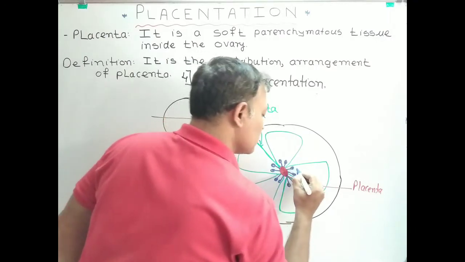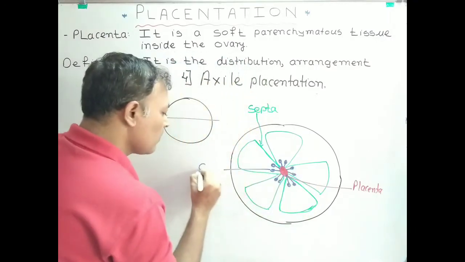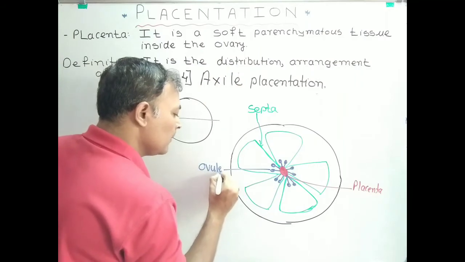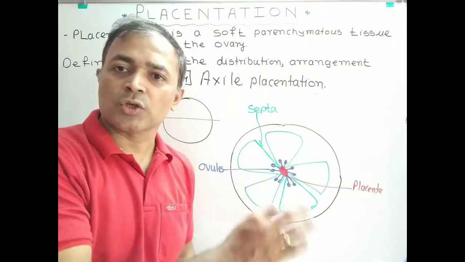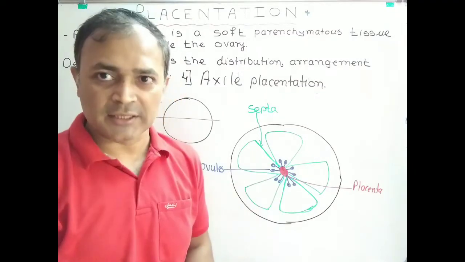Right? So these are the ovules. This type of a placentation is called as axial placentation.